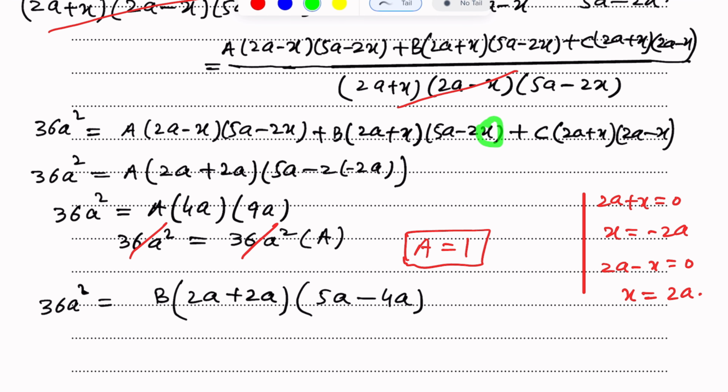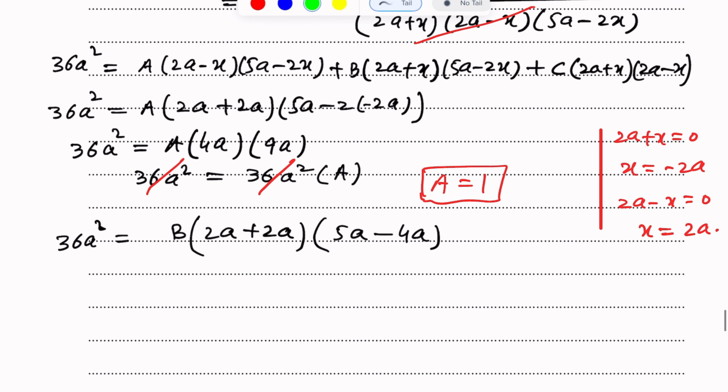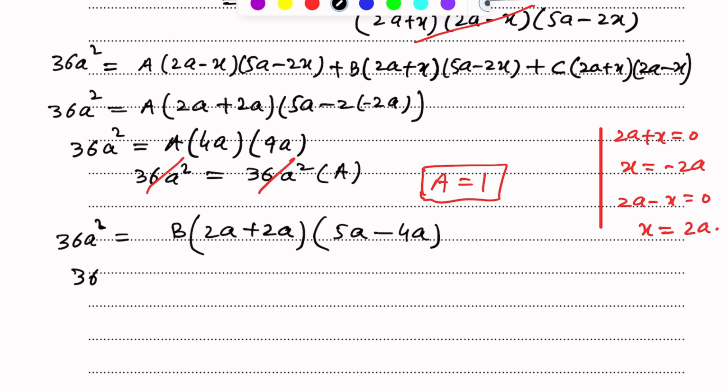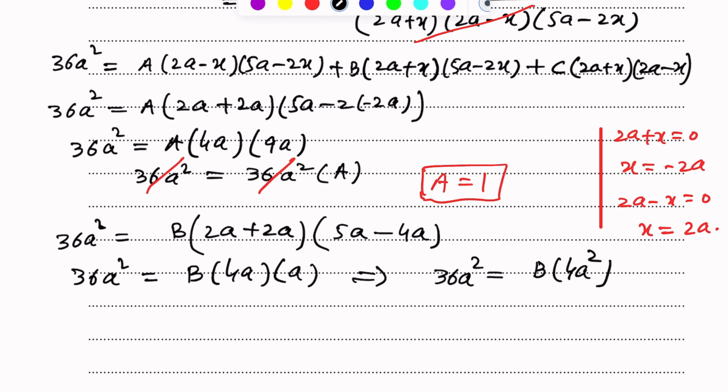Putting in the value of x and simplifying, 36a² is equal to B into 4a into a, that is 36a² is equal to B into 4a². Now from here the value of B is equal to 9.